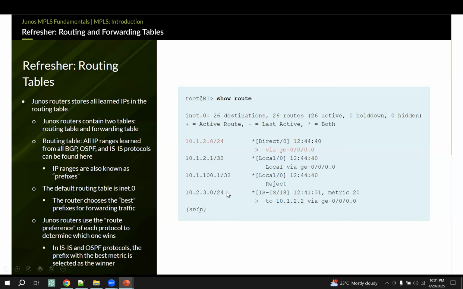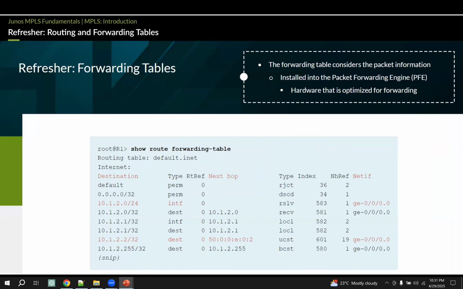Every protocol uses the preference value to compare against other routing protocols, and the lowest will be the winner. Always the lowest preference value will be the winner for the same destination prefixes. So this is basically the routing core concept.